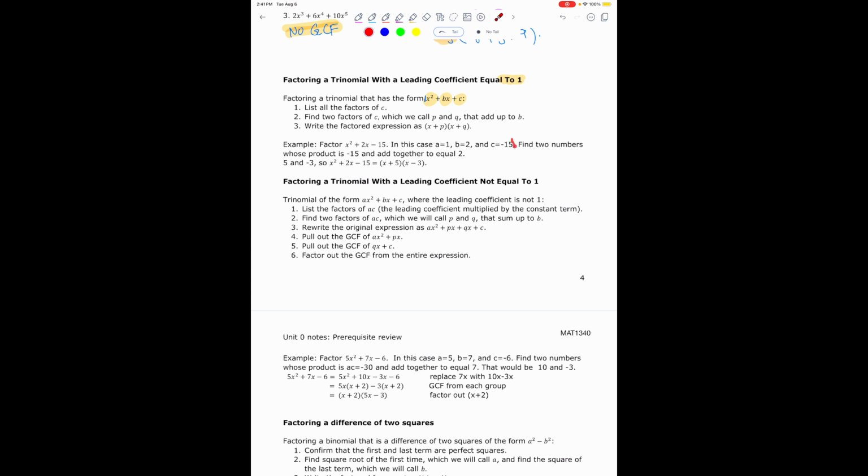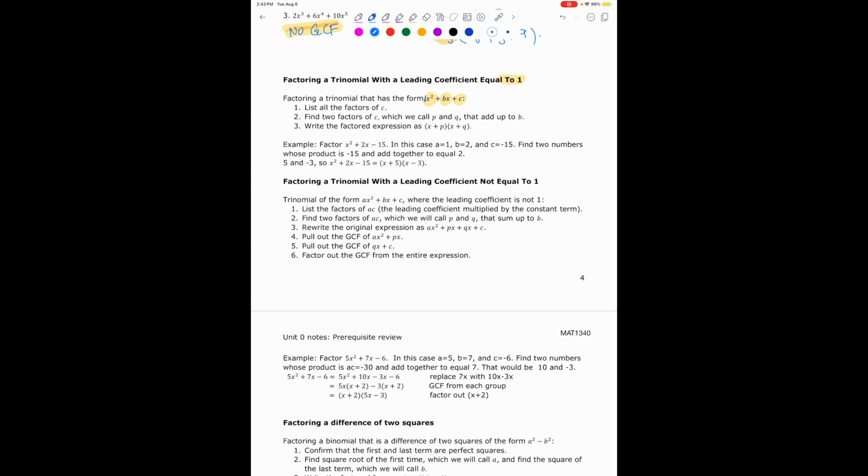Since c is negative, one of the 2 numbers is going to be negative and the other positive. And since the middle term is positive, that is the addition of both of them is positive, we know that the bigger number is going to be positive.